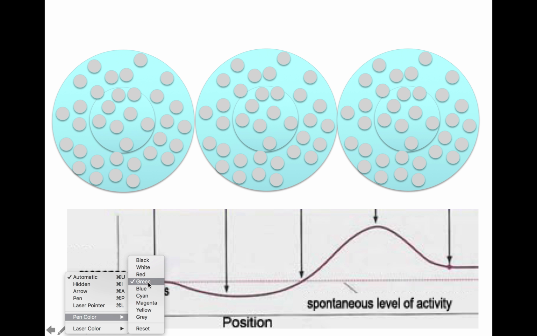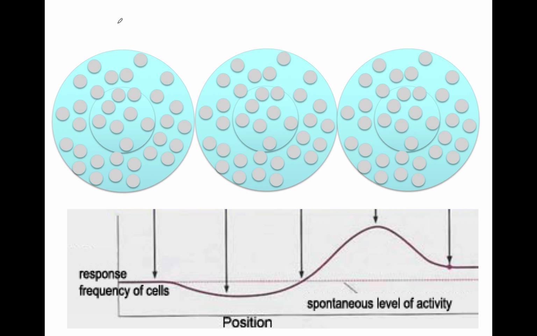It's not a complex picture or a big point, but it can still be helpful. So let me say we have ganglion cell number 1, ganglion cell number 2, and then ganglion cell number 3.